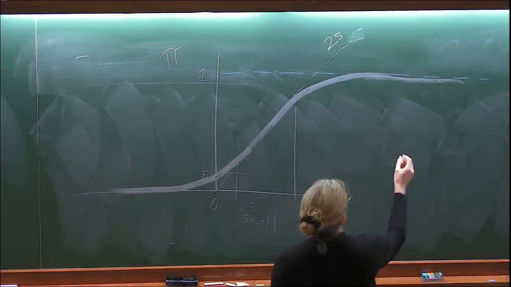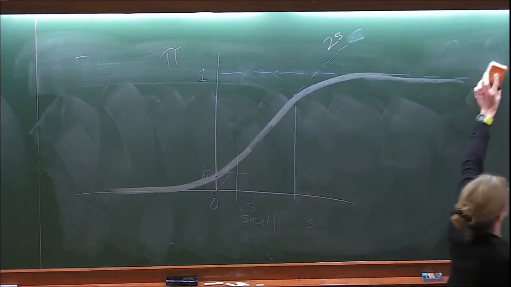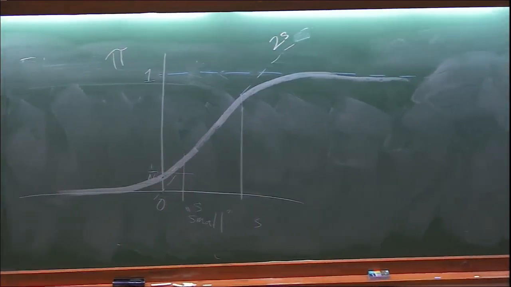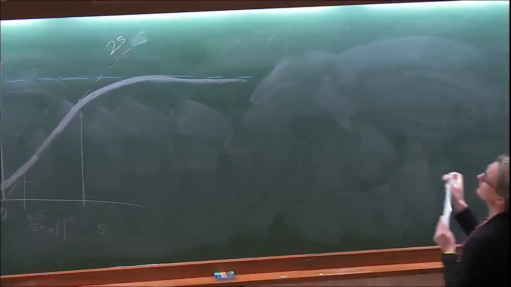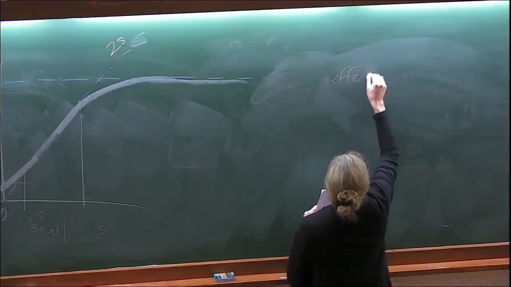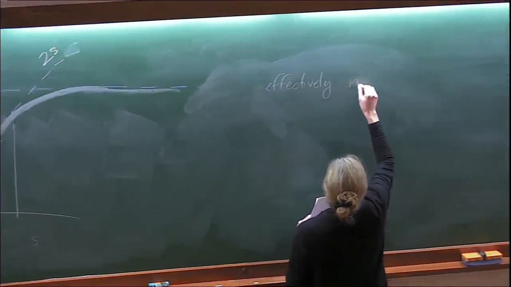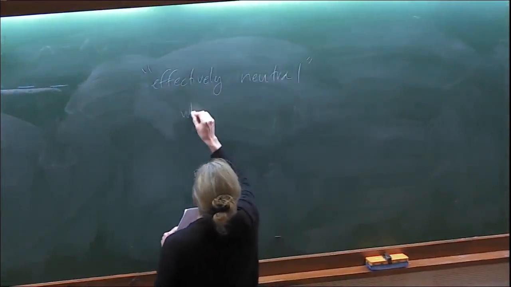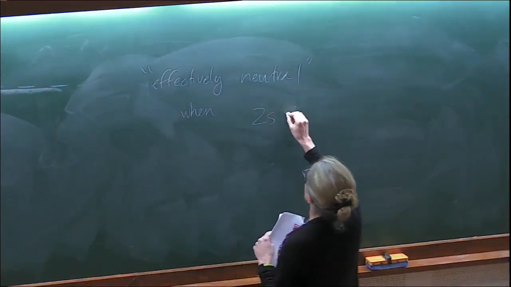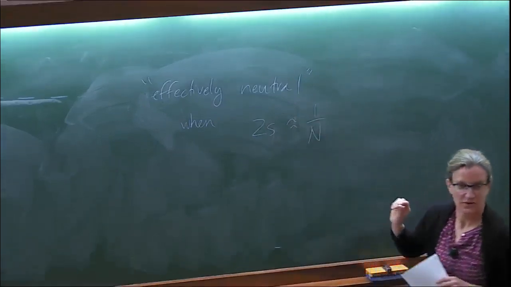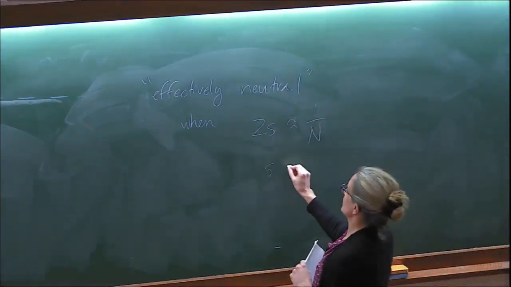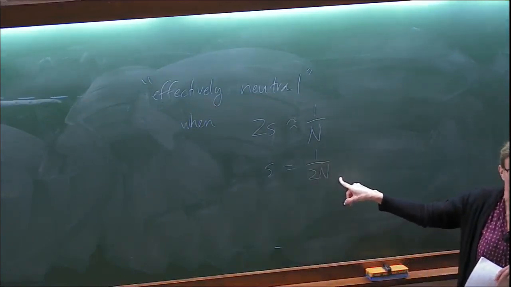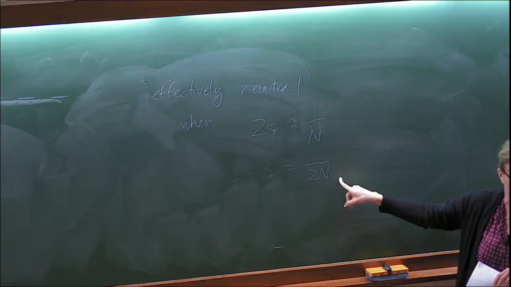So we're effectively neutral when 2S is getting close to 1 on n, which gives us this, which you've seen in earlier talks today and yesterday, I think.